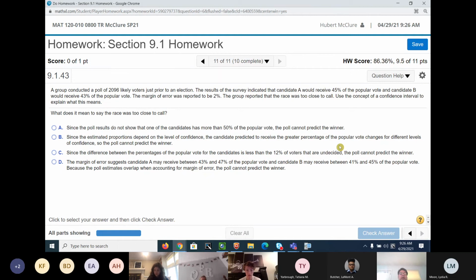And they want you to find the confidence interval. Looks like it. Yeah, because they give you N. N is equal to 2096. They want you to do a confidence interval, and basically they're going to say the something lies between you 95%. What confidence level do they give you?